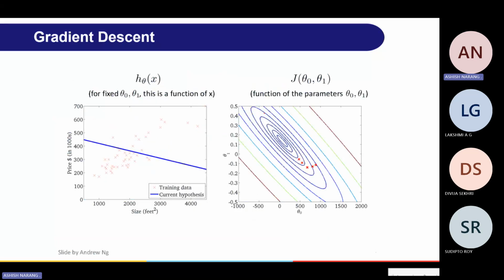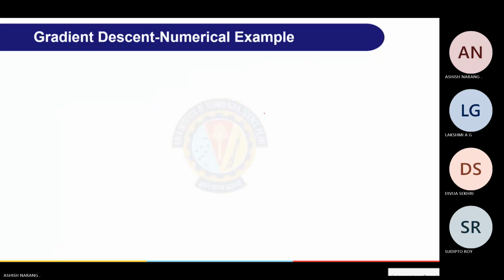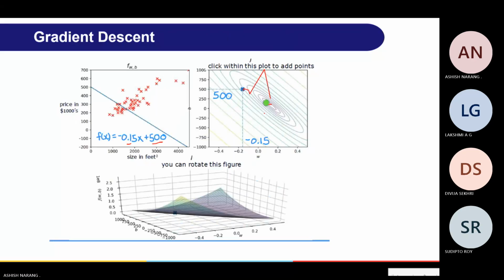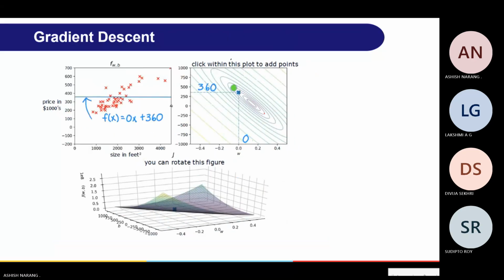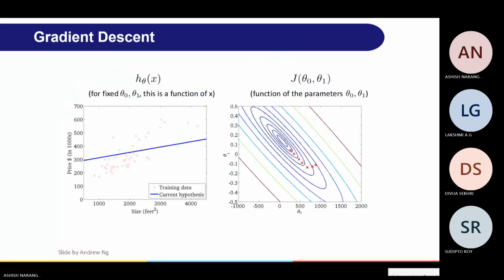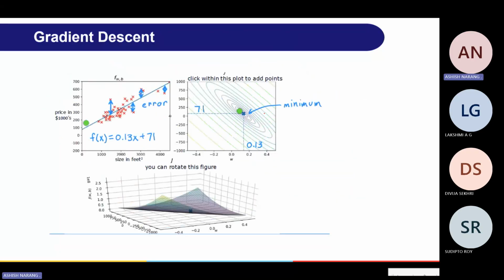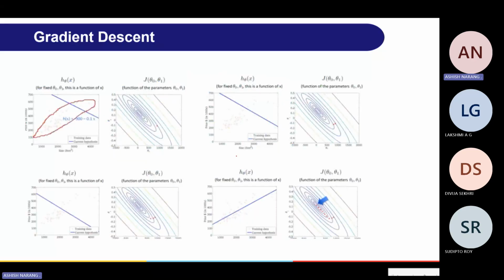So you look at this. Slowly and slowly you are moving towards this. This is close to 71 and 0.3. So this is how the gradient descent looks like, right?